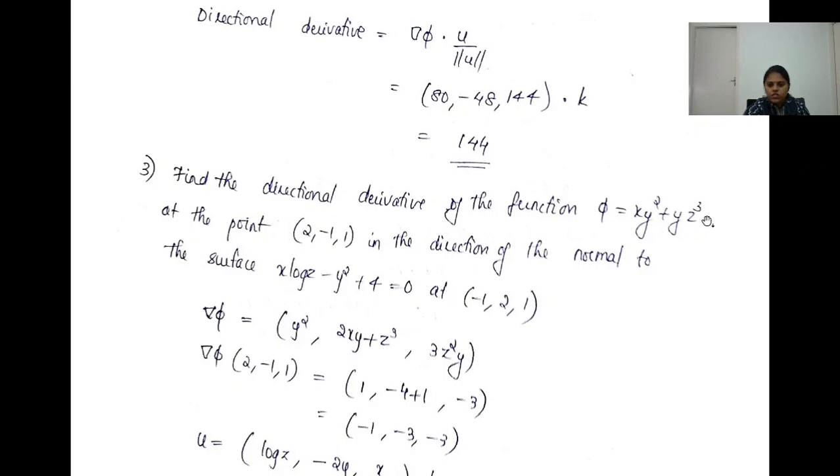So this is your given surface function. You have to calculate the directional derivative at the point (2, minus 1, 1), and the direction in which you have to calculate the derivative is the normal to this surface at the point (minus 1, 2, 1).